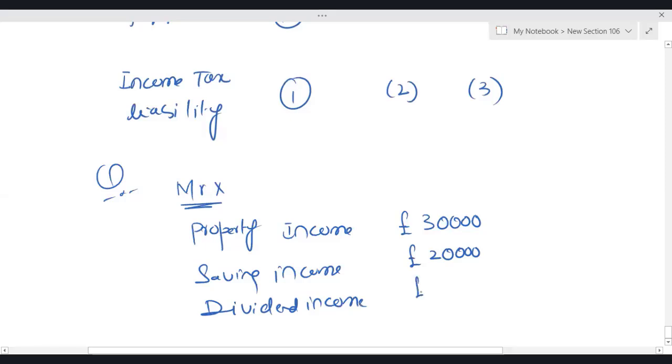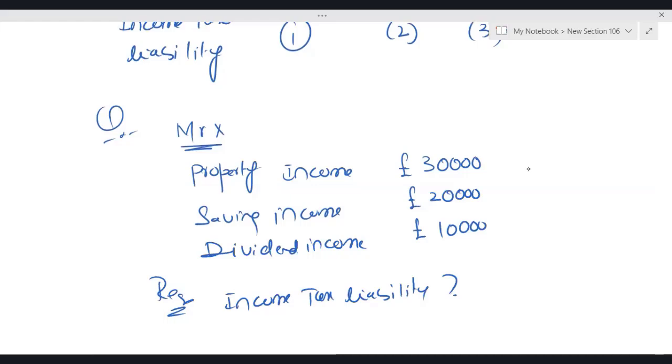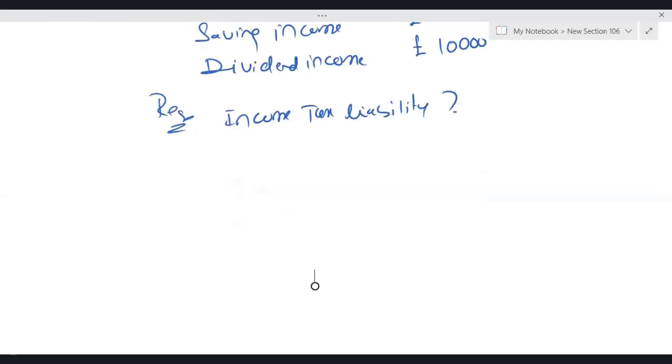Dividend income, let's say 10. Please, every one of you, try to calculate income tax liability. Then we'll solve together as well, but I want you to at least try. In this question, we have all 3 sources of income, that is non-saving, saving, and dividend.